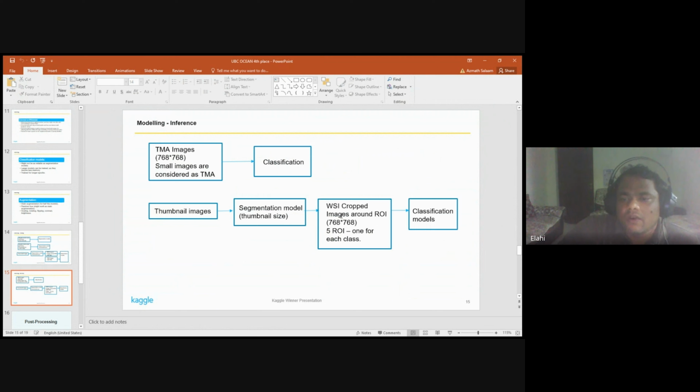Then I have used both segmentation models and classification models to predict the probabilities, and then I have taken the median of the probabilities.